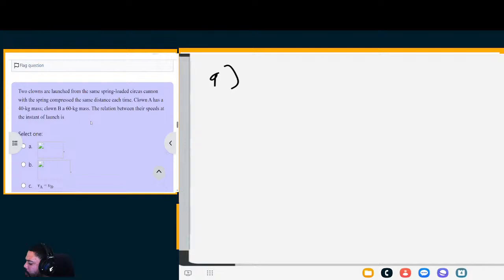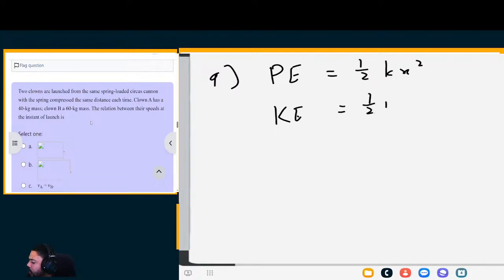So we know that the potential energy from a spring is a half kx squared, while the kinetic energy would be a half mv squared.